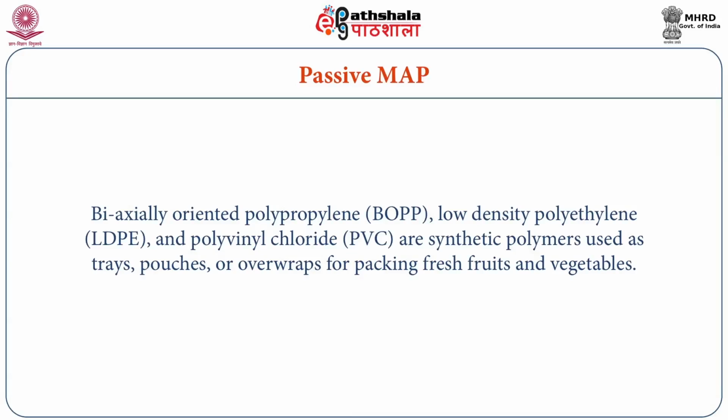The biaxially oriented polypropylene, low density polyethylene and polyvinyl chloride are synthetic polymers used as trays, pouches or overwraps for packing of fresh fruits and vegetables.